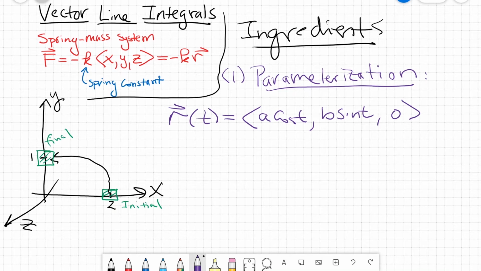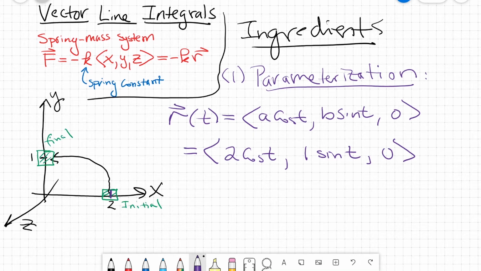To fill in the constants a and b, we'll make substitutions: 2 for the x-axis because we're starting at the x-axis at 2, and 1 along the y-axis for our semi-minor axis. Thus, so far we have an elliptical curve with semi-major axis along the x-axis equal to 2, and semi-minor axis length on the y-axis equal to 1, and nothing happening at z.